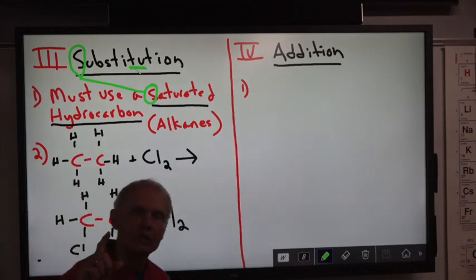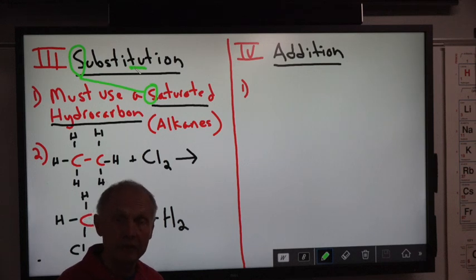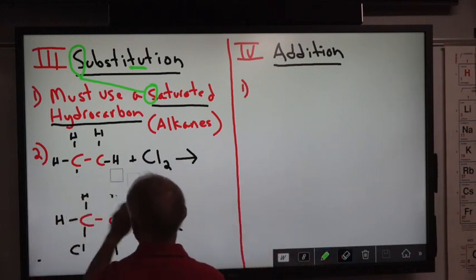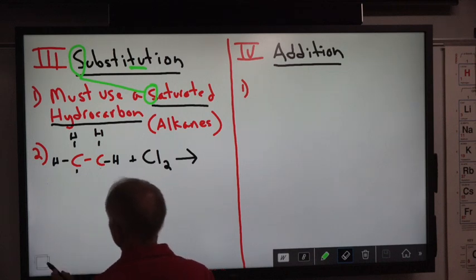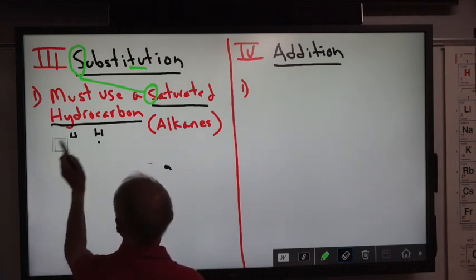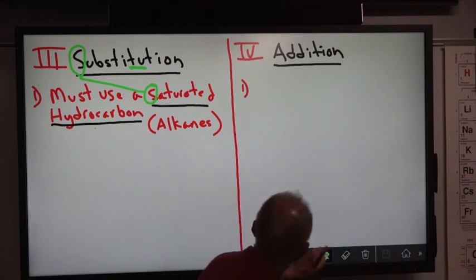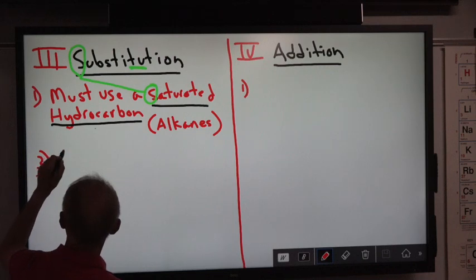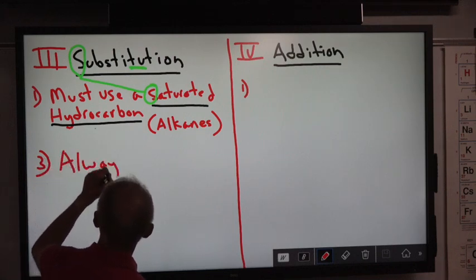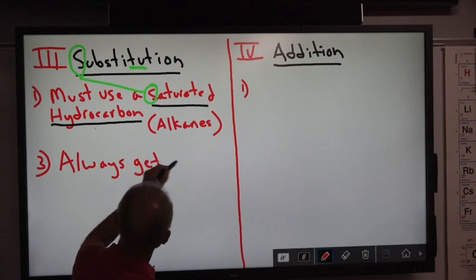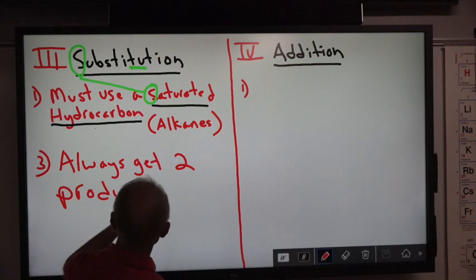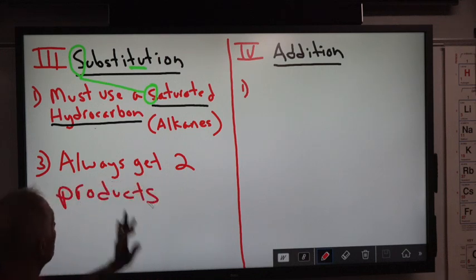So substitution, you need saturated hydrocarbons, which are alkanes, and you get two products. So I'm going to put that down for number 3. You always get two products.